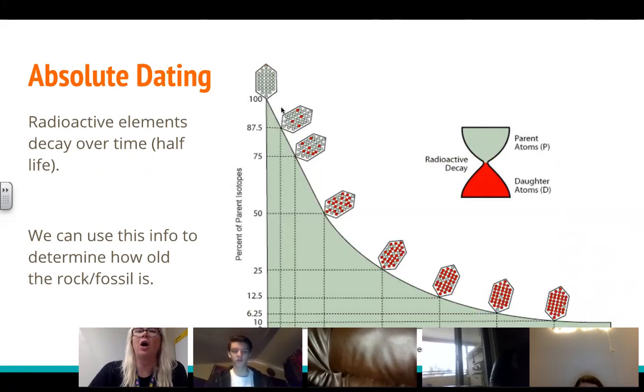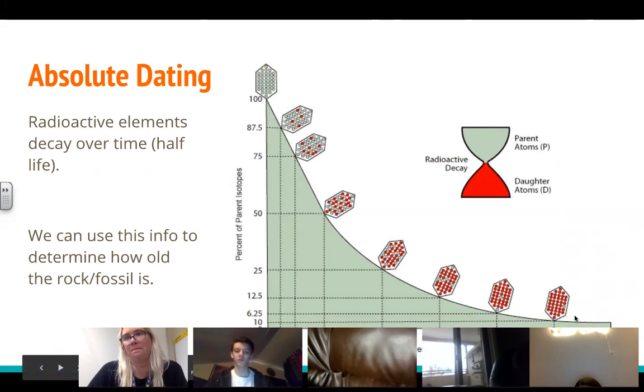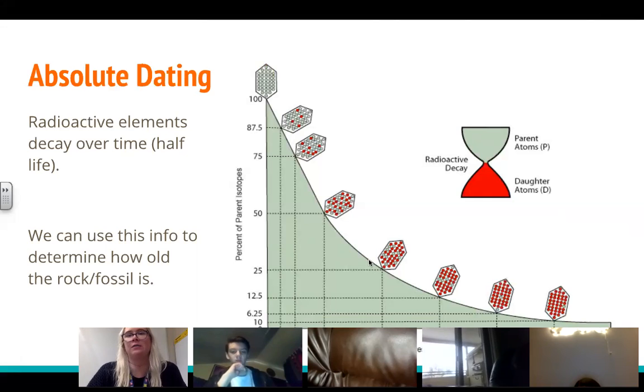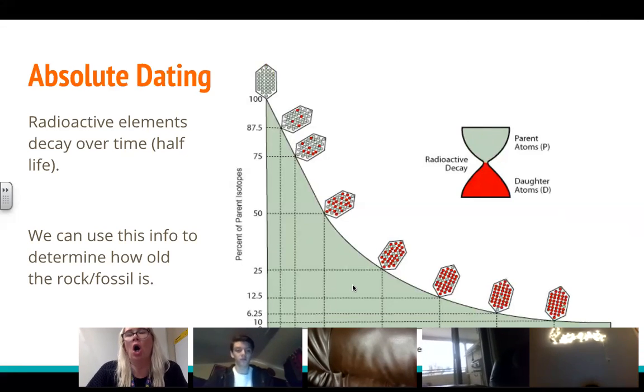So we start out with 100% of the element, right? And over time, it decays into a radioactive element. So we can measure how much of it is radioactive, and that will tell us basically how long it's been decaying.